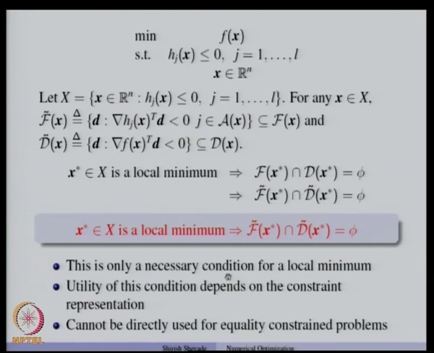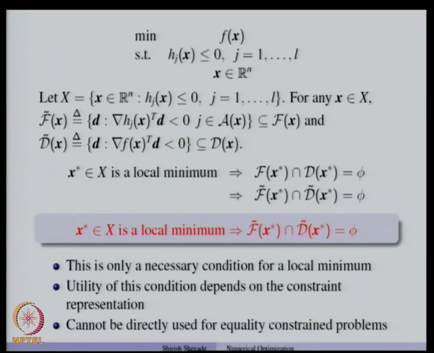Now, suppose at a given feasible point x, the gradient of the function vanishes. Which means that if gradient f x is 0, then the set d tilde is a null set, and if the set d tilde is a null set, then f tilde x intersection d tilde x is a null set, and that does not guarantee that x is a local minimum.